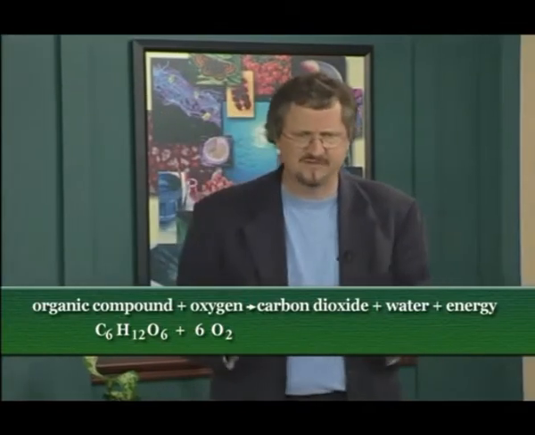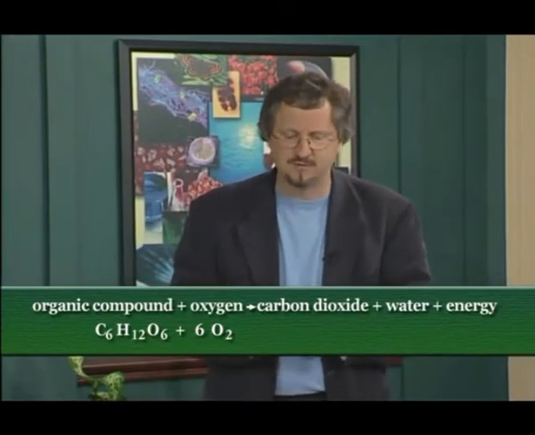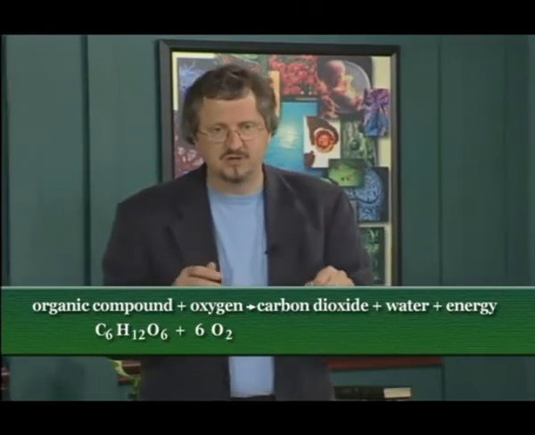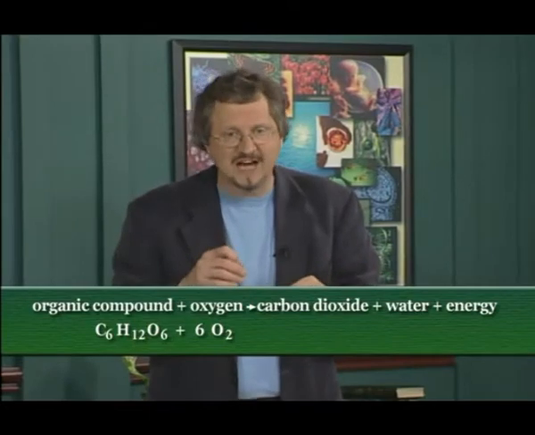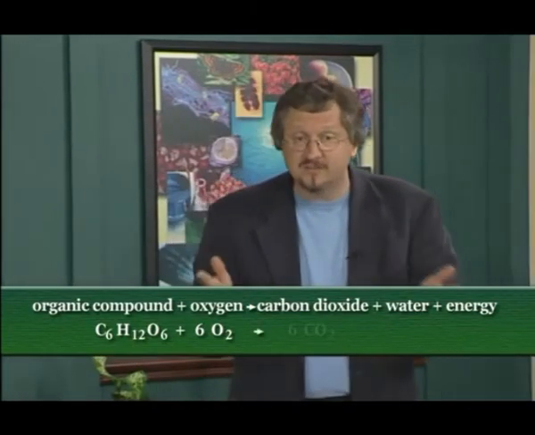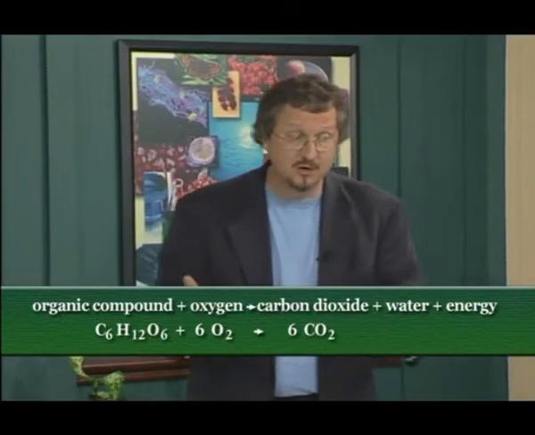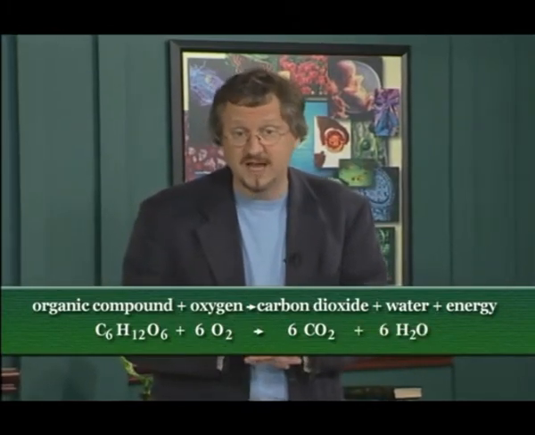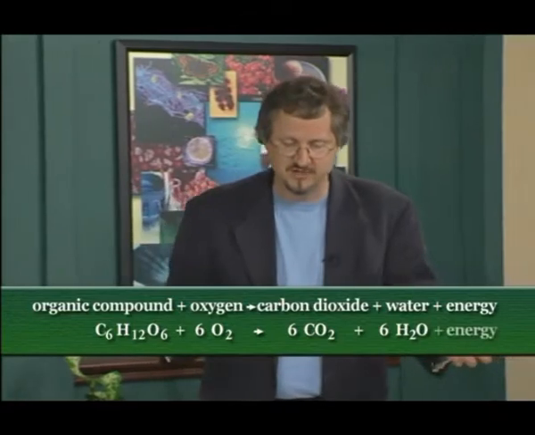The exact numbers you don't have to keep track of now, but that turns out to be what we need. And if we have the glucose and the oxygen react, then that reaction would yield for us 6 molecules of carbon dioxide, CO2, 6 molecules of water, H2O, and a bunch of energy.